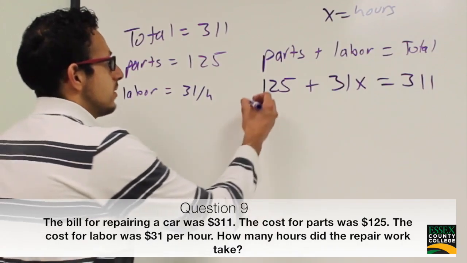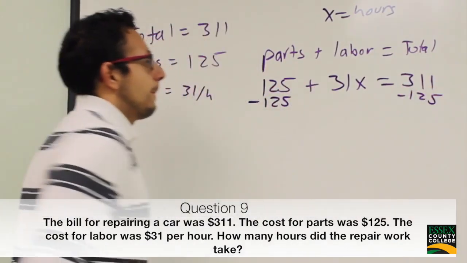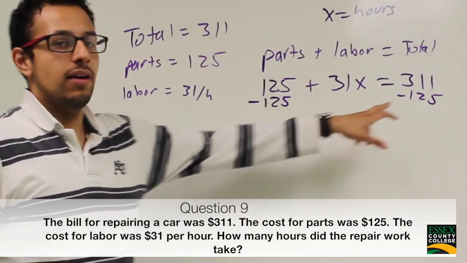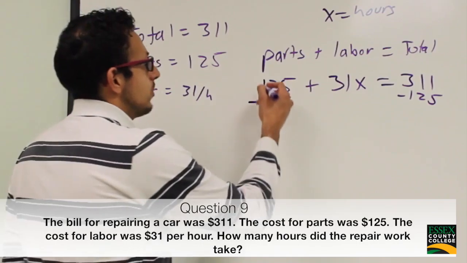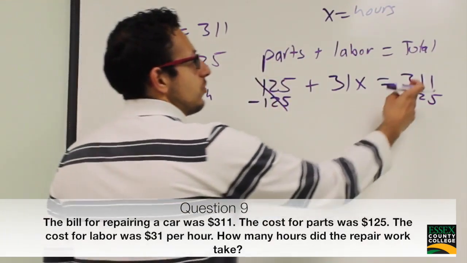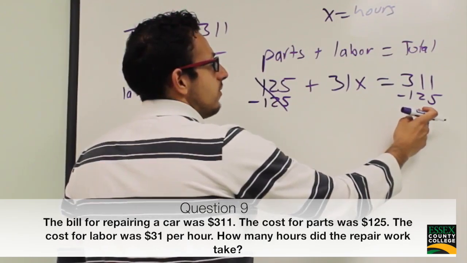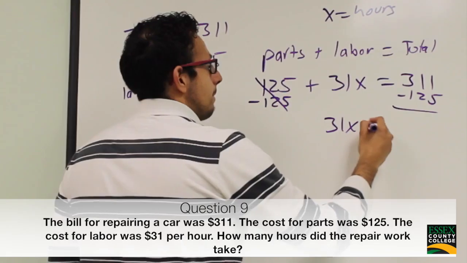We're going to subtract 125 from both sides. So here it cancels out. 125 minus 125 is 0. And now we're going to do 311 minus 125. This just comes out 31x.